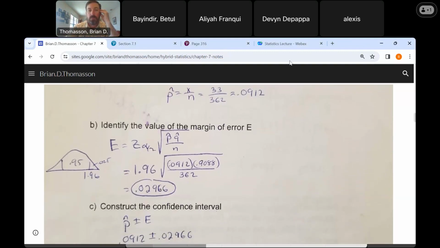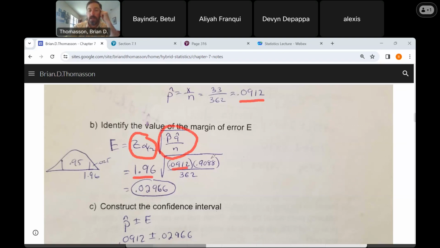Right, so when we look at part B, if we want to find the margin of error, we have to find how many standard errors we go out. That's what we just did, the 1.96. And then we need to find our standard error. So that's the square root of p hat q hat over n. Let's figure out what that is. So we have p hat. That's the 9%.